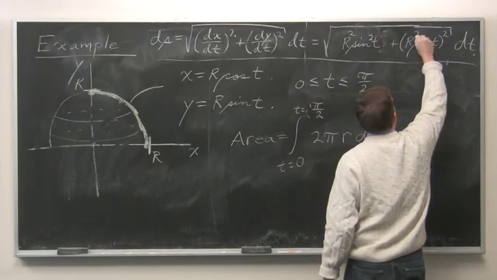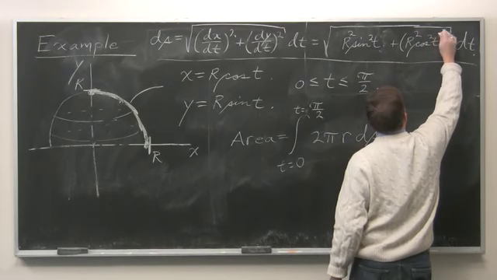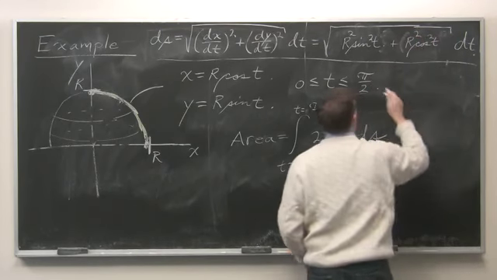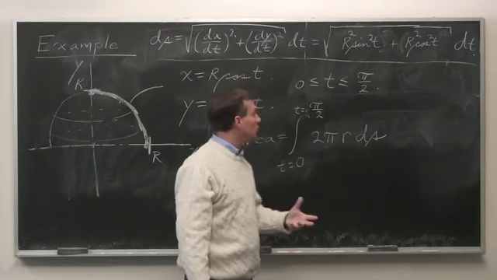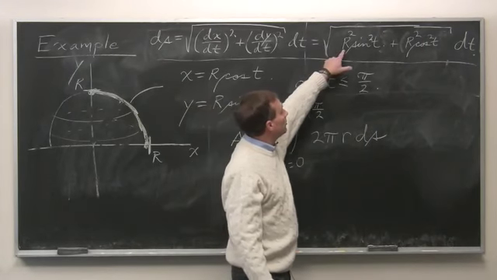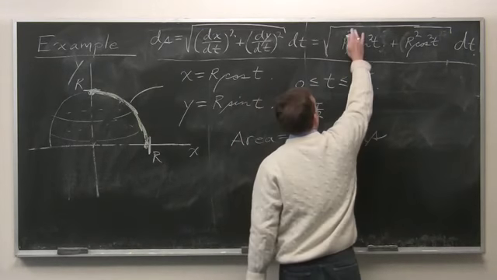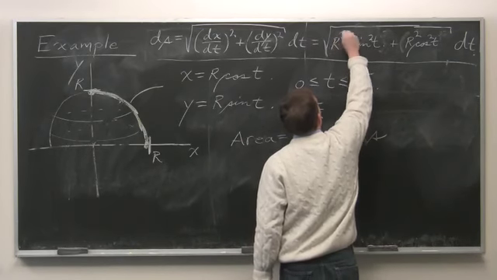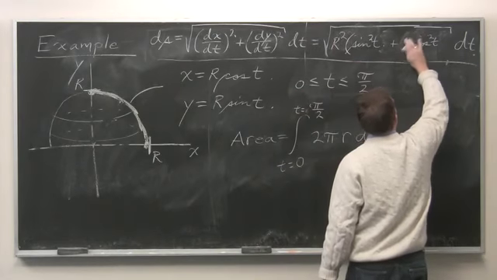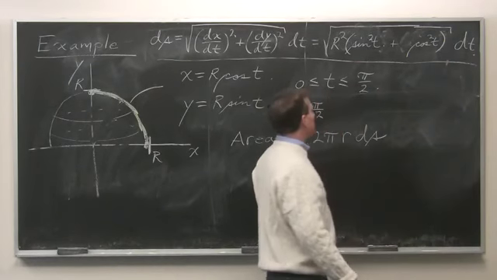If you square this, you get r squared cosine squared. Now you should see a sine squared plus a cosine squared, which you know is 1, but what about the r's? Oh, well, there's an r squared both places. You can factor out the r squared. So this is r squared times sine squared plus cosine squared.